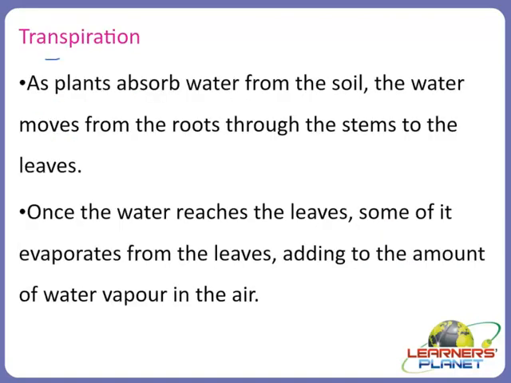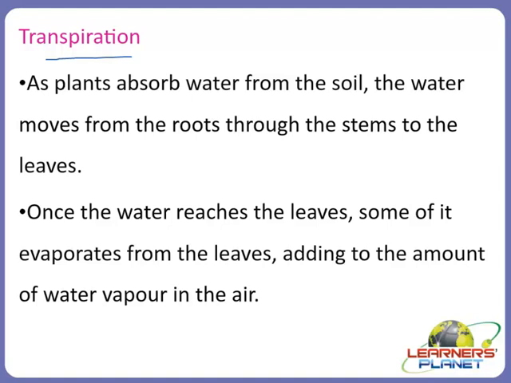Yes. Transpiration. As plants absorb water from the soil, the water moves from the roots through the stems to the leaves. Once the water reaches the leaves, some of it evaporates from the leaves, adding to the amount of water vapor in the air.